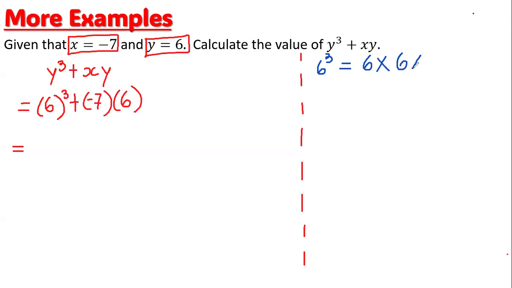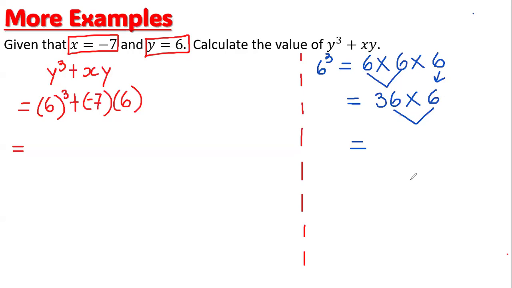We have 6 times 6, which is equal to 36, multiplied by 6 is equal to 216.